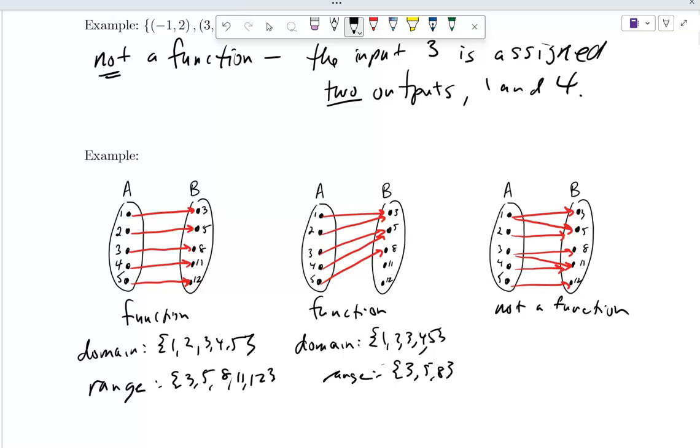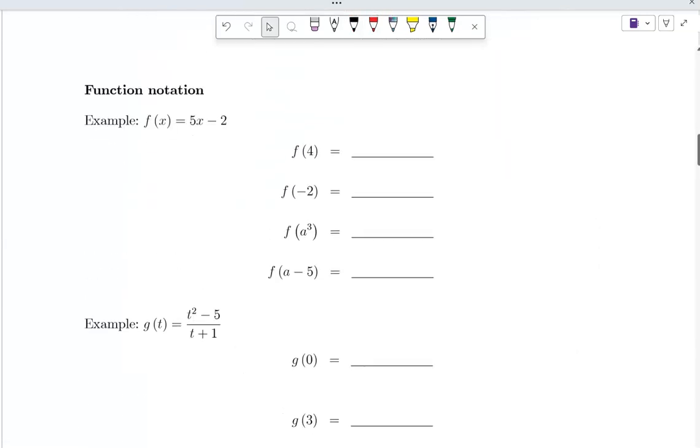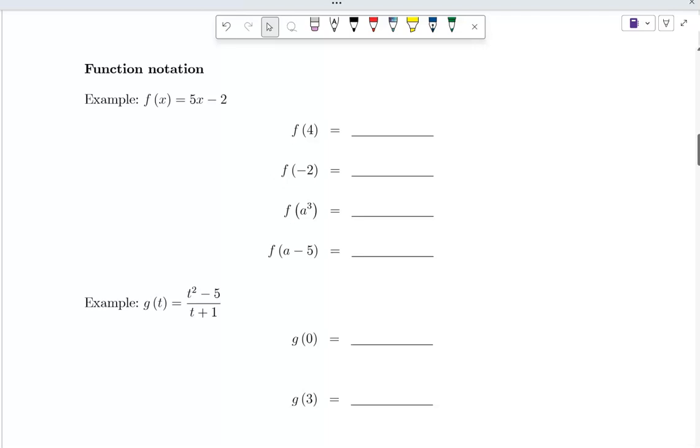All right, so let's see if we can move on to more interesting functions. All right, so function notation. This is a way to express a rule where we have lots and lots of things that we can plug in for the input.